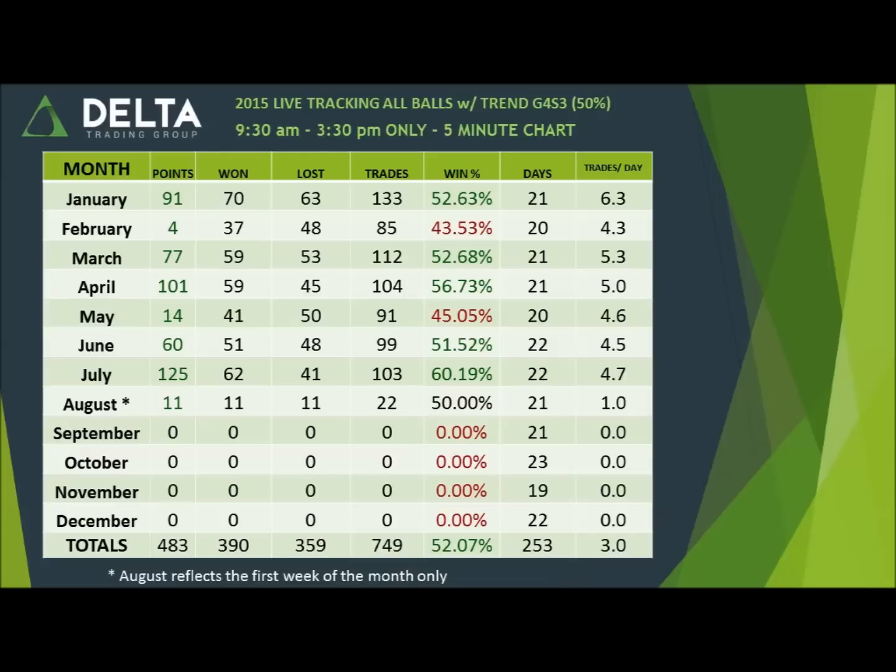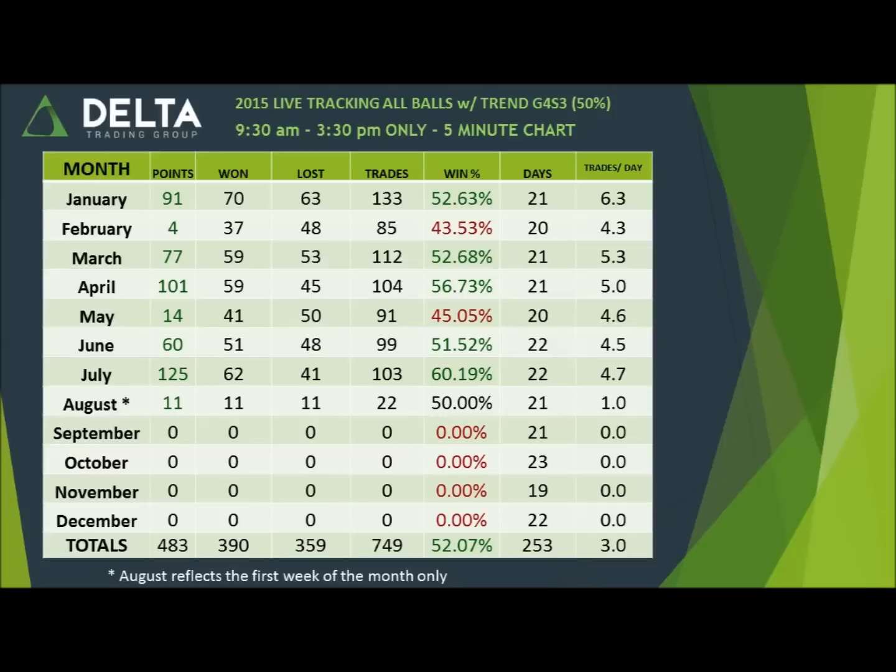Now, if you wanted to increase the number of trades that you win here at the 50-50 trade, you know that you would either have to increase your risk or decrease the amount of profit you're going for. But why would you want to do that? Why would you want to try to win more trades when your net result is 483 points over the course of 7 months?